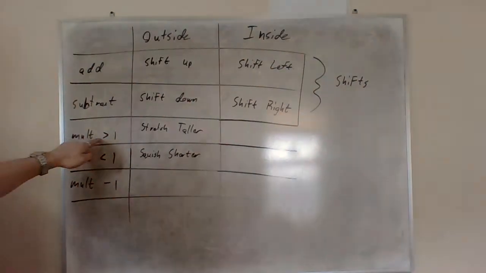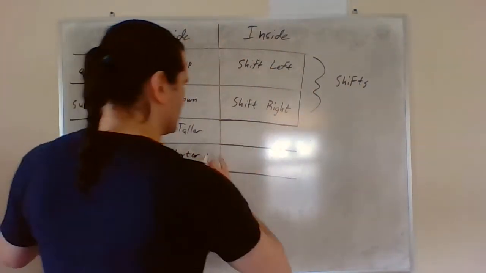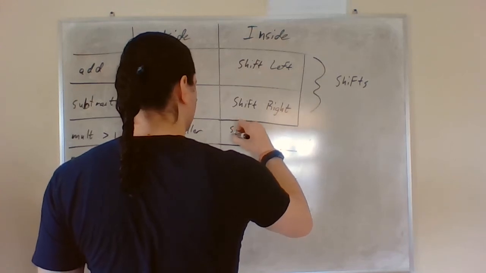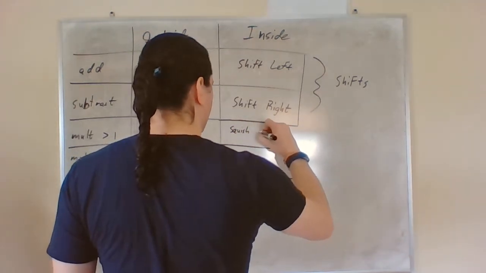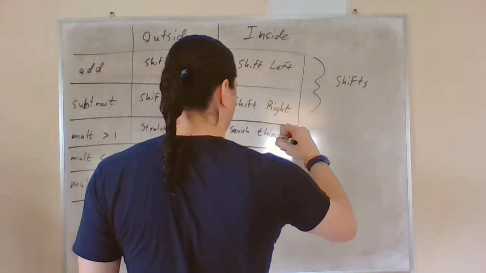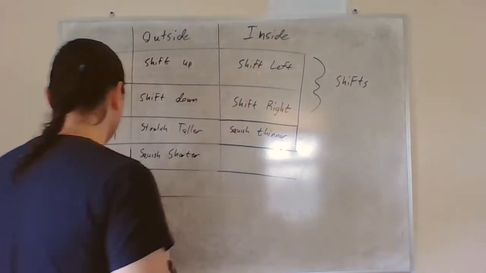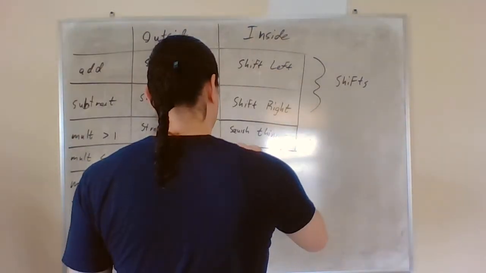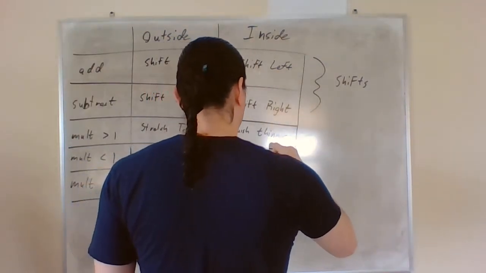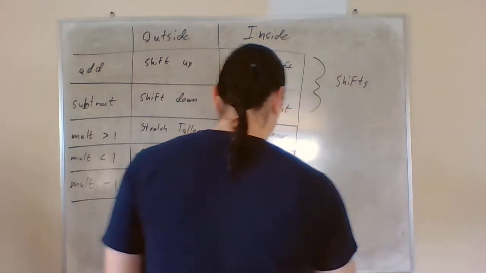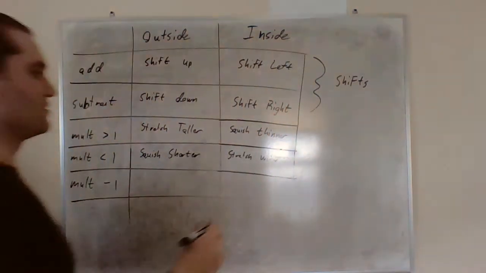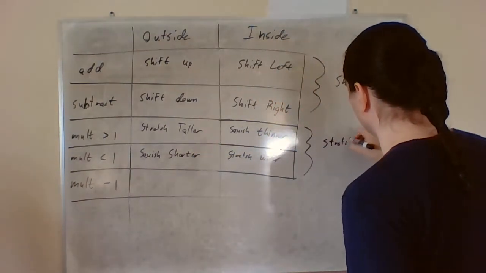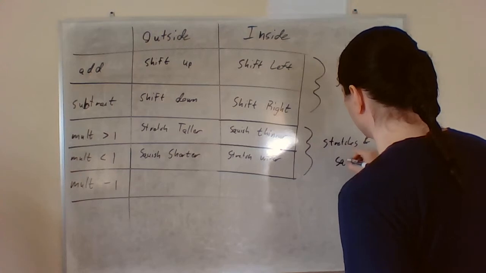So multiplying by a number bigger than 1 on the inside, this is like when we multiplied that 3 on the inside of the parabola. This got it squished thinner. When we multiplied by a number less than 1 on the inside, this stretched it wider. So these are our stretches and squishes.